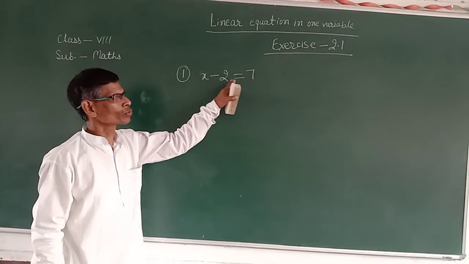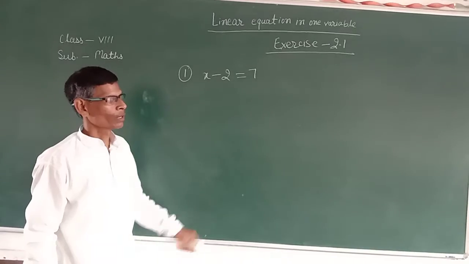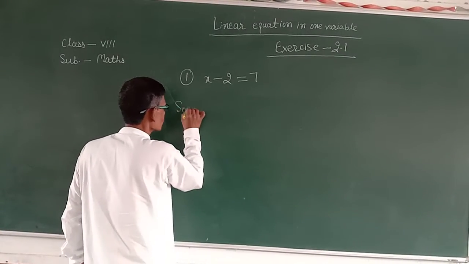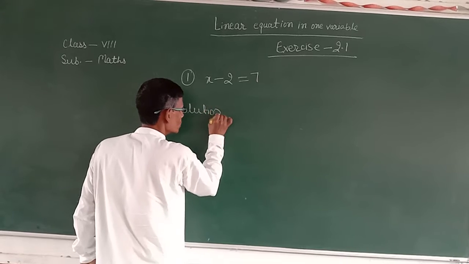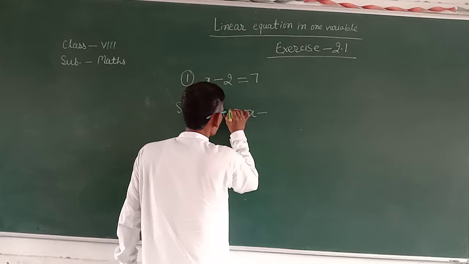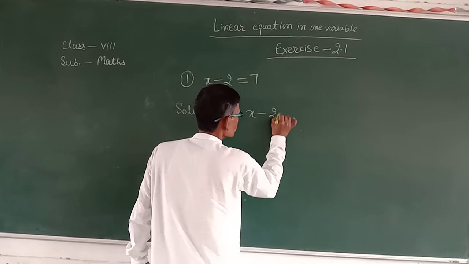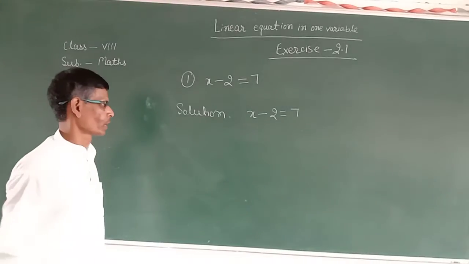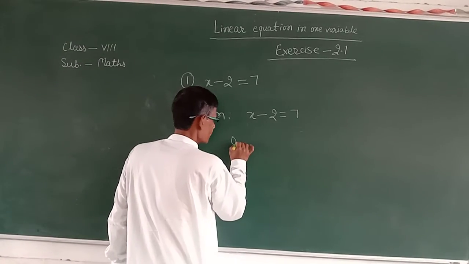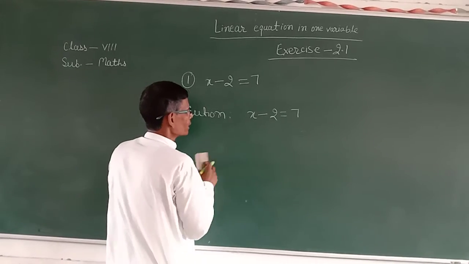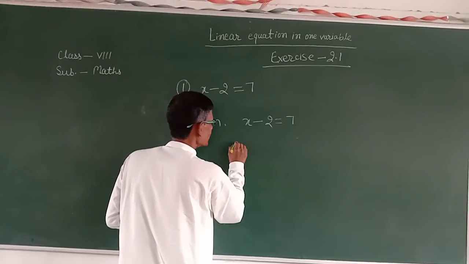How do we solve this equation? To solve this equation, first of all write the equation. x minus 2 equal to 7. Then write or you can give the sign of implies also.